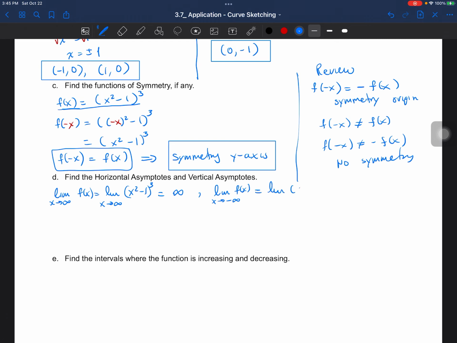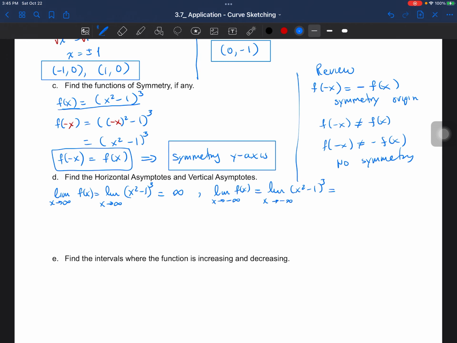A similar argument applies to the limit of the function as x goes to negative infinity. In this case, when you plug in negative infinity here, the square is going to square it, so negative infinity becomes positive infinity.